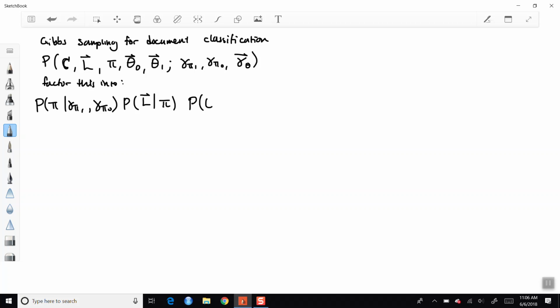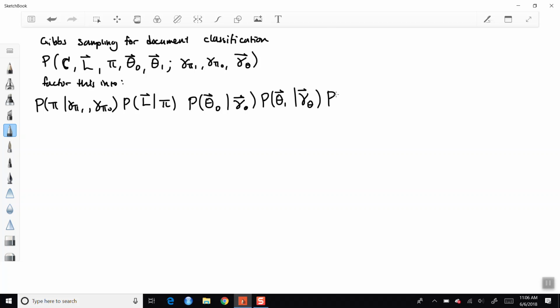We've got the word probability vector theta 0 drawn from a Dirichlet distribution with parameter gamma theta. The word probability vector theta 1 drawn from the Dirichlet distribution with gamma theta.